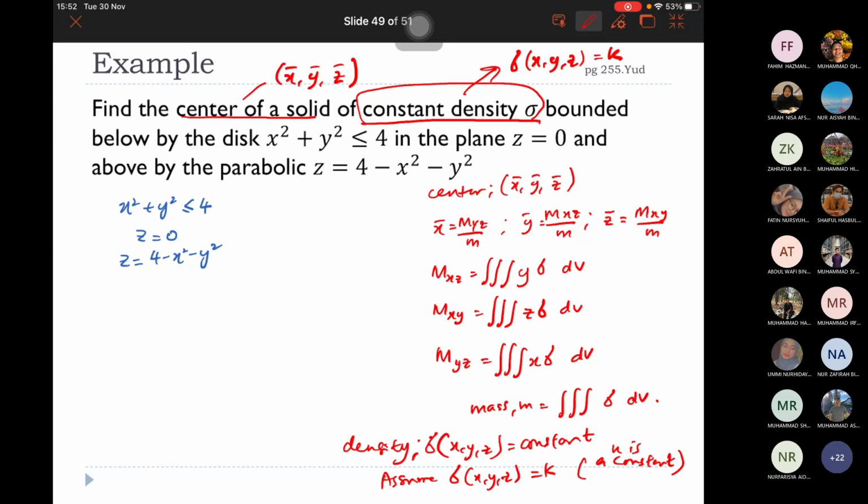So how we are going to do the sketching of the solid?